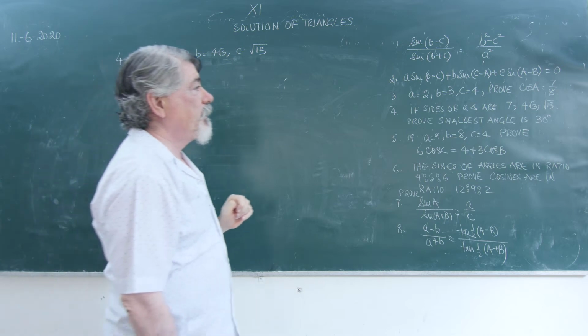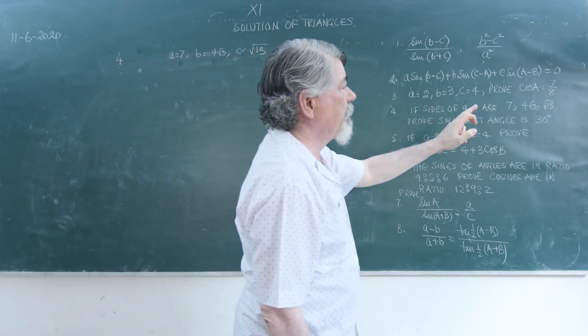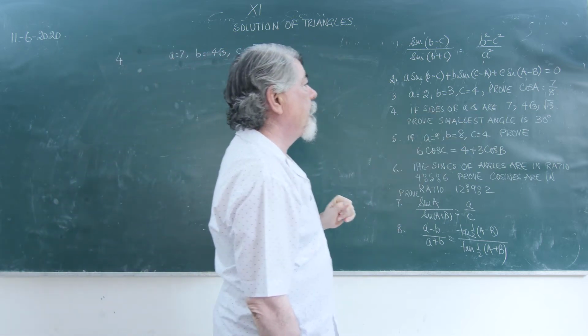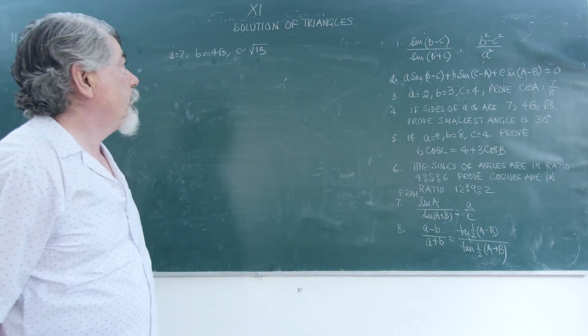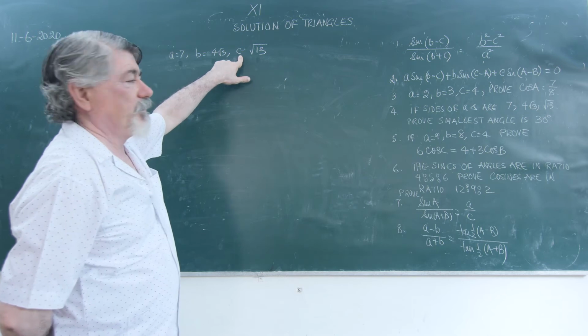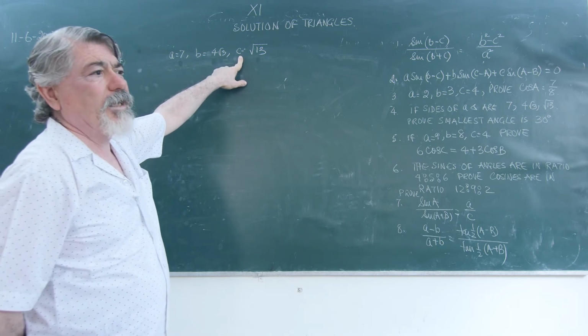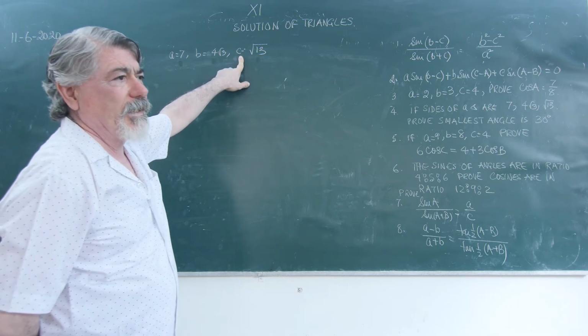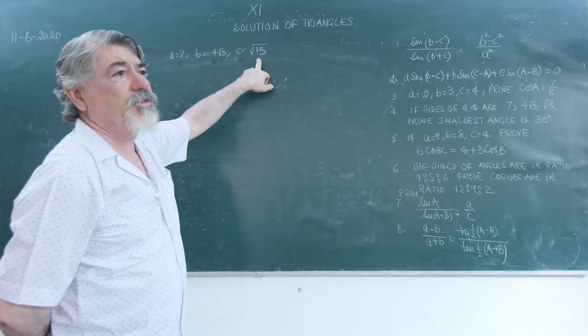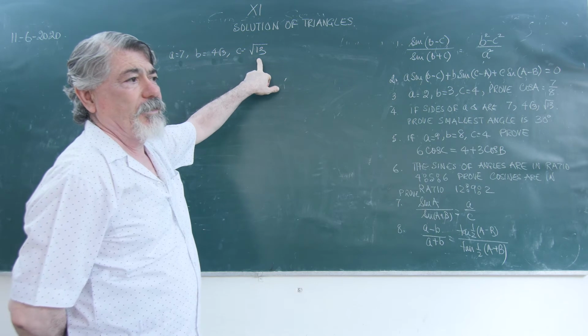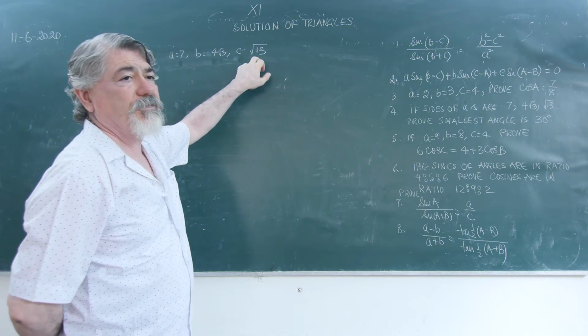Now he says, if the sides of the triangle are 7, 4 root 3, root 13, prove that the smallest angle is 30 degree. Now C is here. Let us calculate all three angles and see what happens. The smallest angle will be just opposite to C, because this is the smallest side.